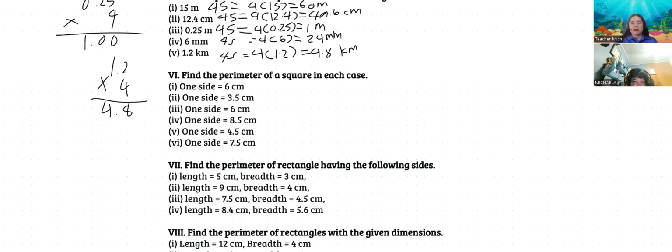Perimeter is equal to 4s. Okay, the one of its side, just multiply it with 4 and then there you are going to get the perimeter of a square.